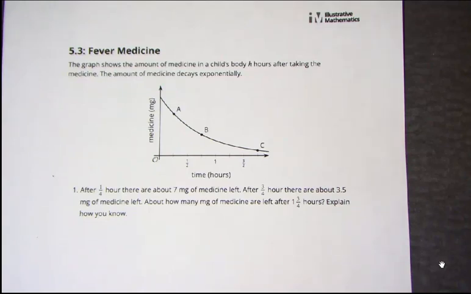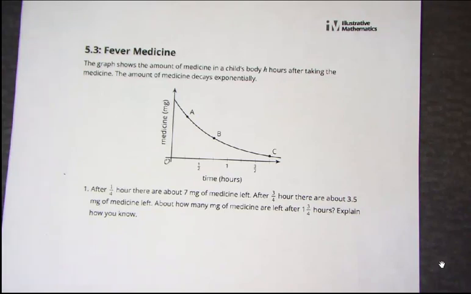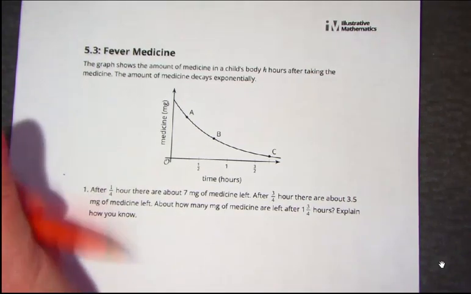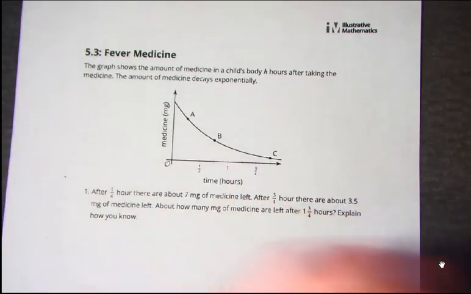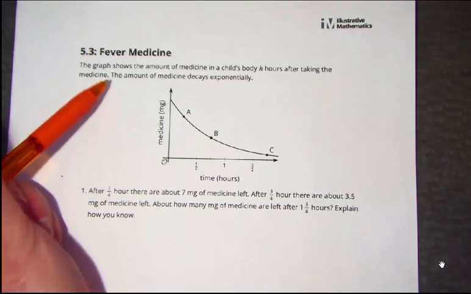You might use it for the medical field too, if they're trying to tell how long it's been since someone OD'd if you're at the hospital, or if they're trying to see how much medicine is still left in your body before they give you more medicine. They would use a chart like this to be able to tell. So if you're thinking medical field, or anything in investigations or criminal justice, you might be using this kind of stuff.